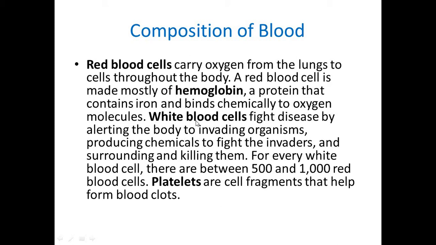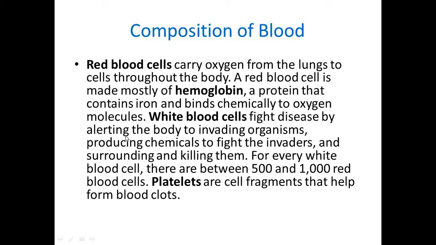Now, white blood cells are considered the first line of defense, we use white blood cells to defend the body from any bacteria or any viruses. So white blood cells fight disease by alerting.